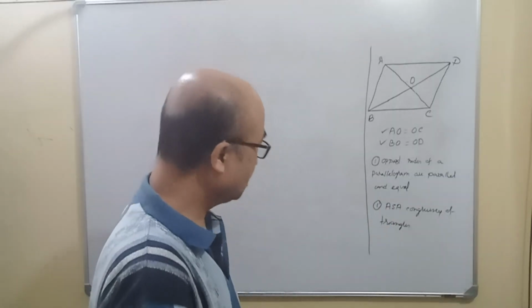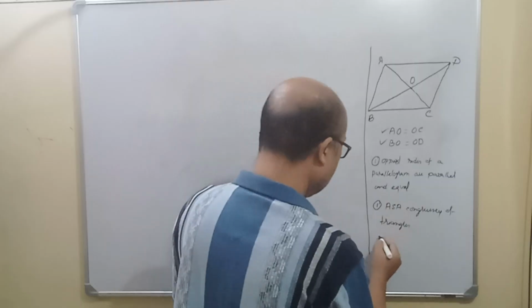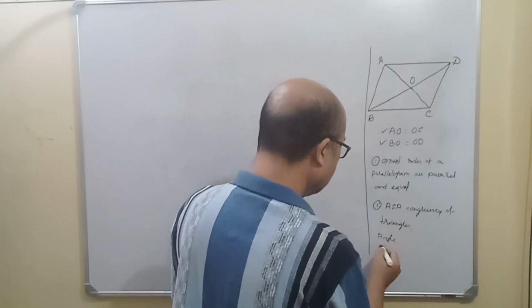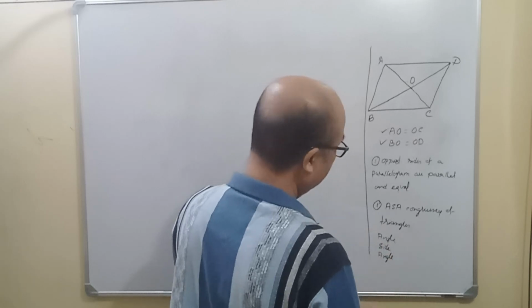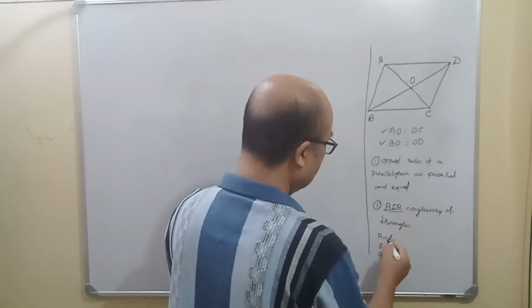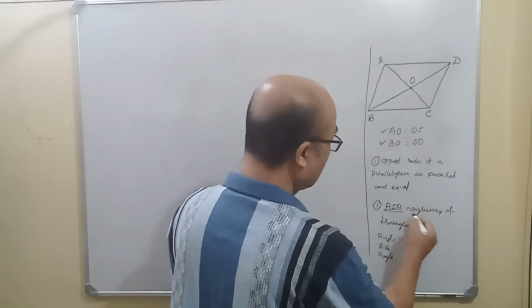A means angle, S means side, and A again means angle. So this congruency means angle, side, angle congruency.